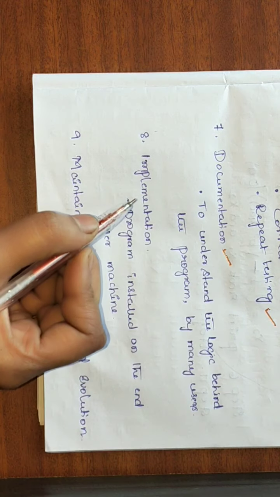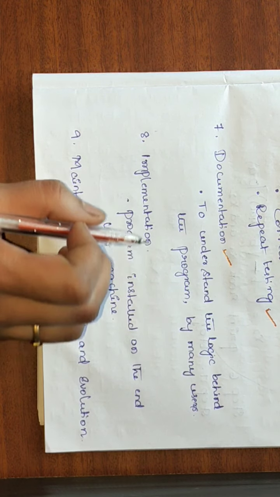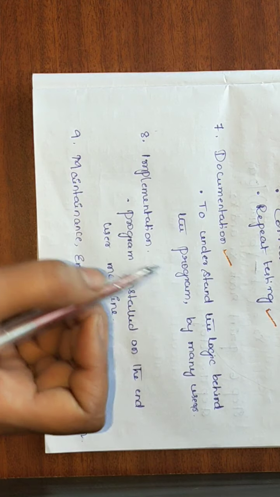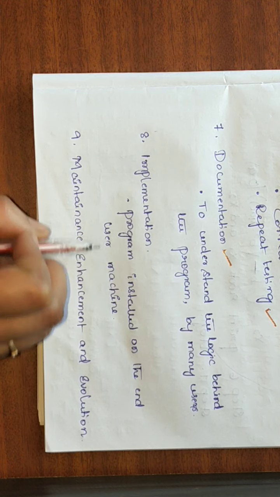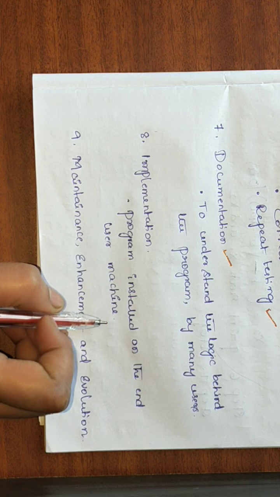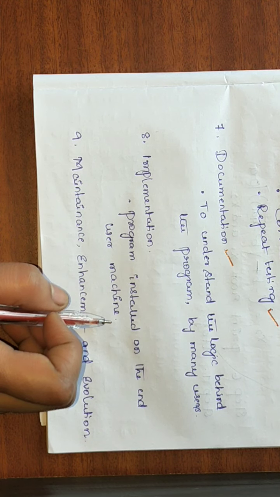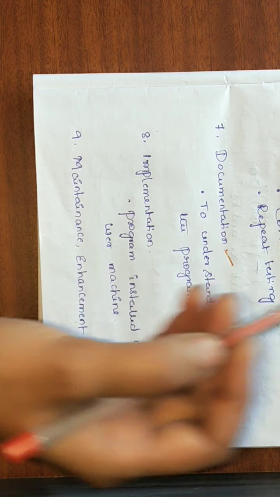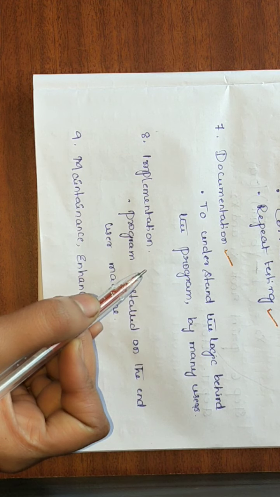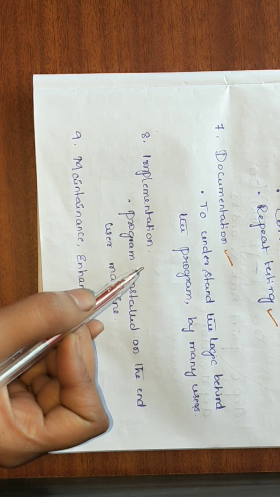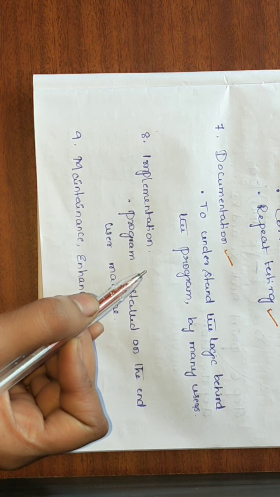And the next part is implementation. Once we have finished the documentation, our program is installed on the end user's machine. Suppose we are writing a banking application. After we have completed all these steps, if the banking application is working well, we are going to install it for the end user, that is the one who is working in the bank.